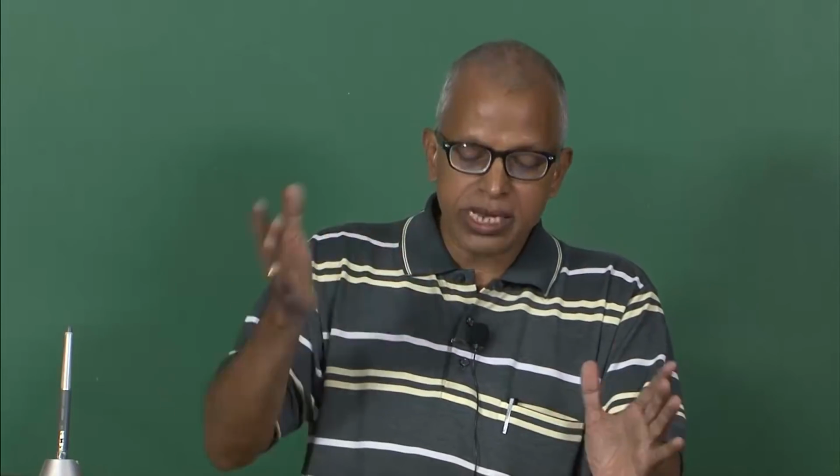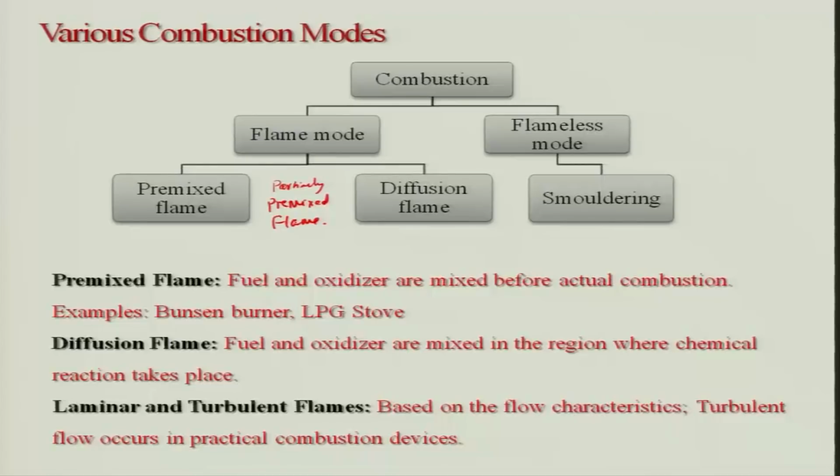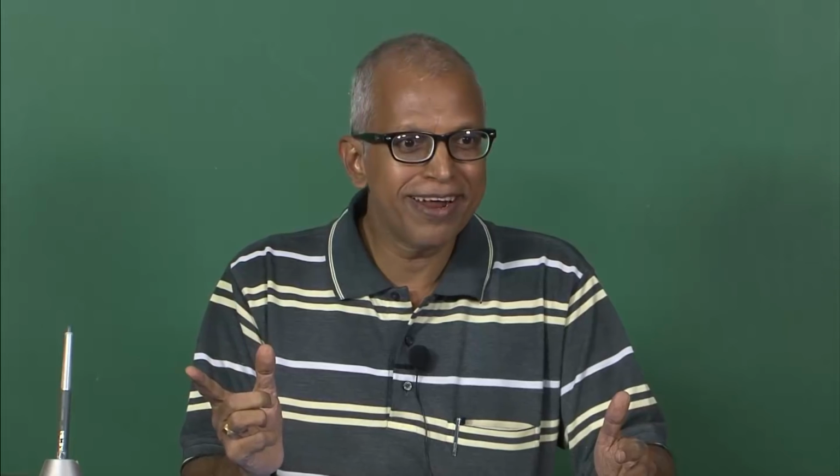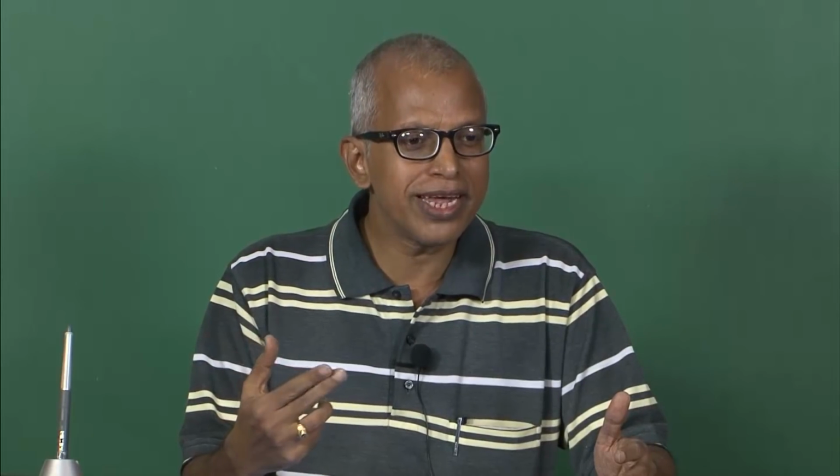And again, based on the flow we can divide into two categories: laminar flame and turbulent flame. And flameless mode is smoldering combustion. Do you know what that is? Any of you who has taken a cigarette, smoking, you have seen it. Is there any flame?